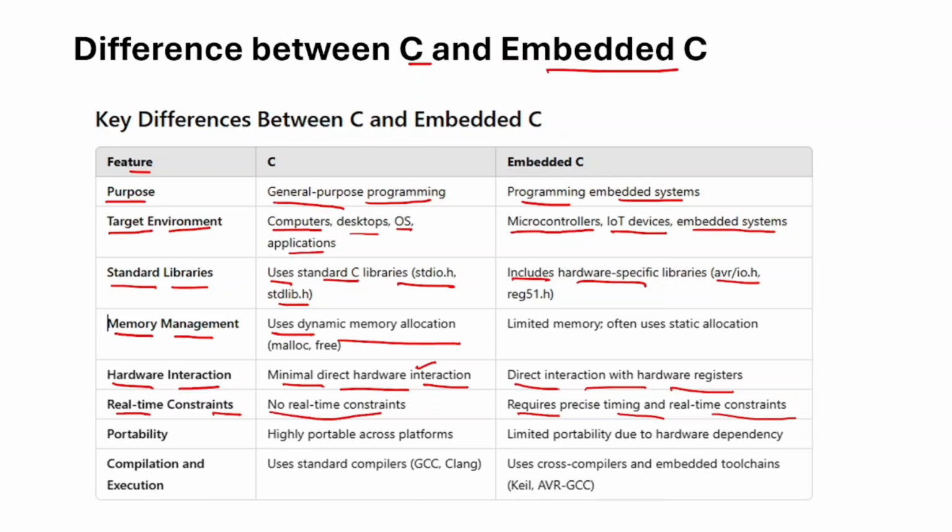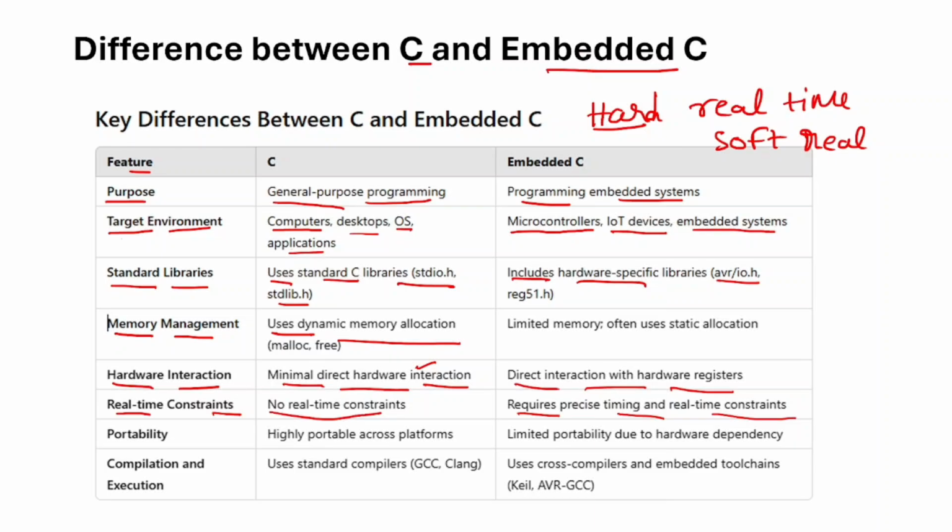First one is the hard real-time system. I will explain these things in the last video, but for now remember hard real-time systems. Next one is soft real-time systems. Both are embedded systems only. But hard means you already define the time.